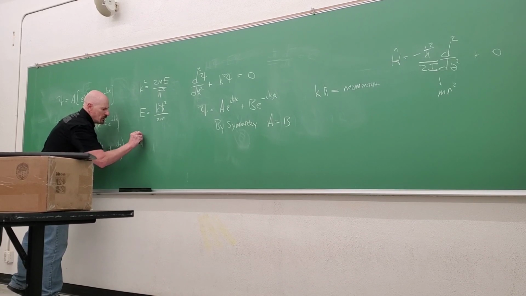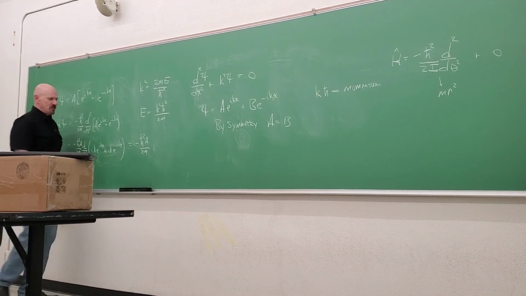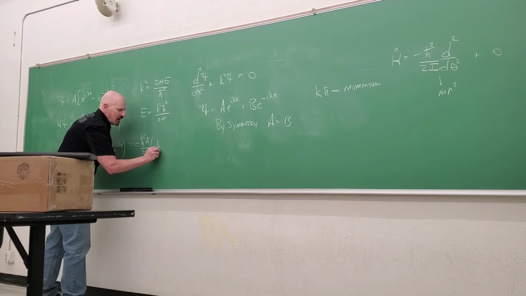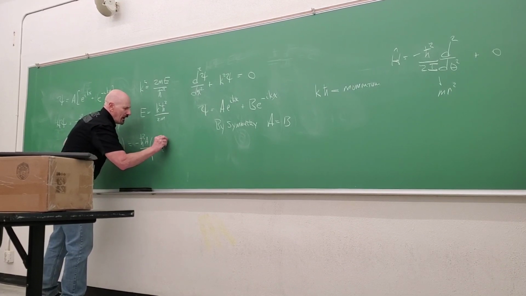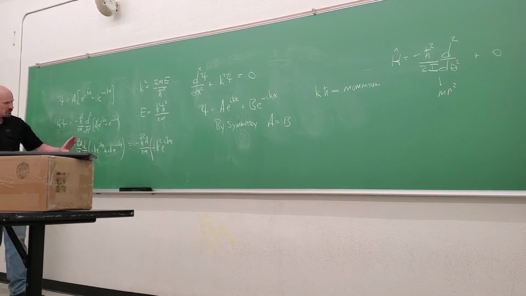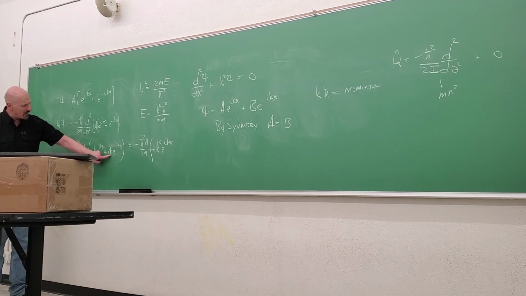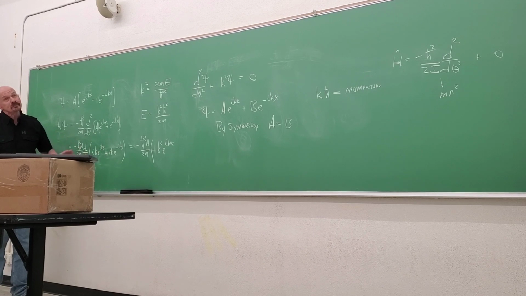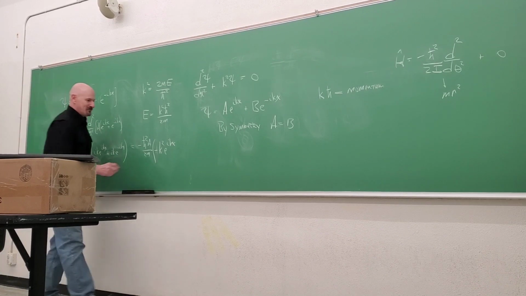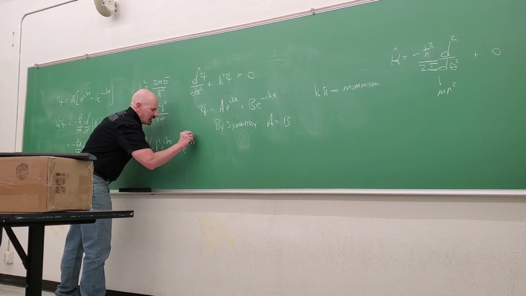I get ik squared, which becomes minus k squared e to the ikx, because it's i times i, minus 1, so the negative comes out. Then here I do it again: negative ik squared becomes minus k squared e to the minus ikx.